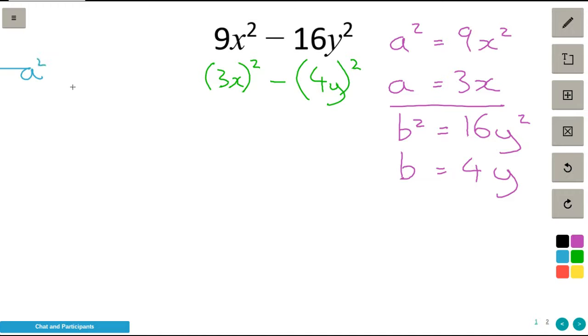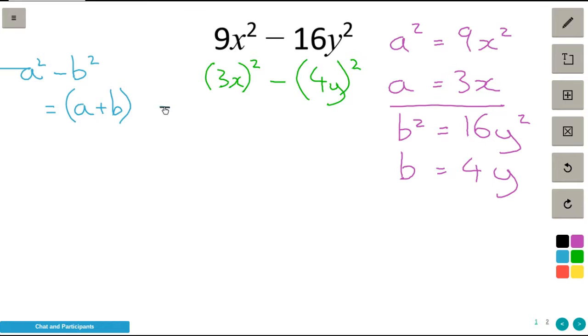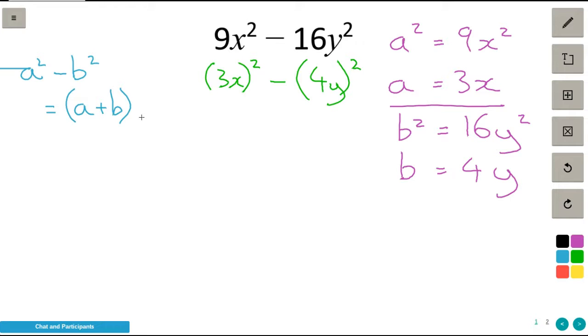So we've got a squared minus b squared is equal to a plus b multiplied by a minus b. So that was our rule, a squared minus b squared equals a plus b multiplied by a minus b.